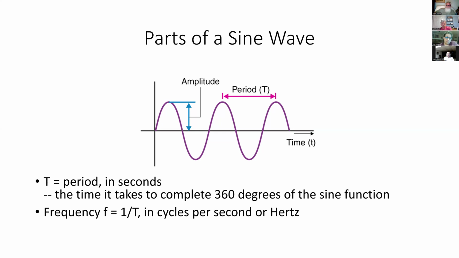And then the period is the amount of time it takes for the sine wave to repeat, or in other words, go through all 360 degrees of the function. And then the frequency: if the period is the time it takes for one waveform to complete in seconds, then the frequency is the inverse of that, or in cycles per second, or hertz.